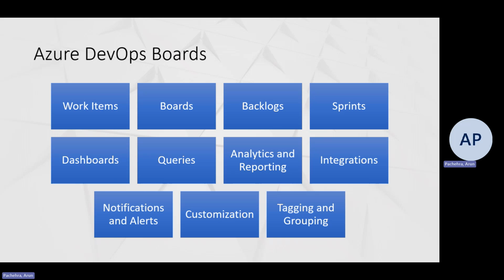So we have work items. We need to track individual pieces of work like features in a web application, user stories, tasks, bugs that comprise your project. This whole piece is work items. All those things are work items.